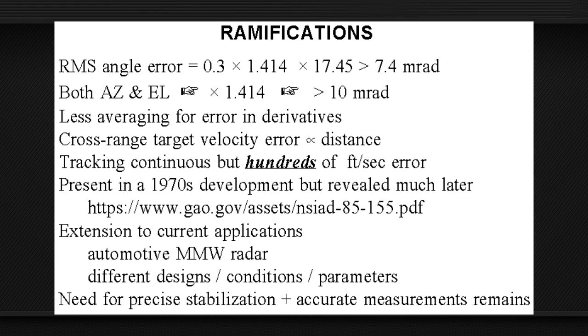Now for some ramifications. Two independent 0.3 degree error sources give RMS angle error slightly over 7.4 milliradian. For both azimuth and elevation, that introduces another factor of 1.414, bringing the angle error above 10 milliradians.